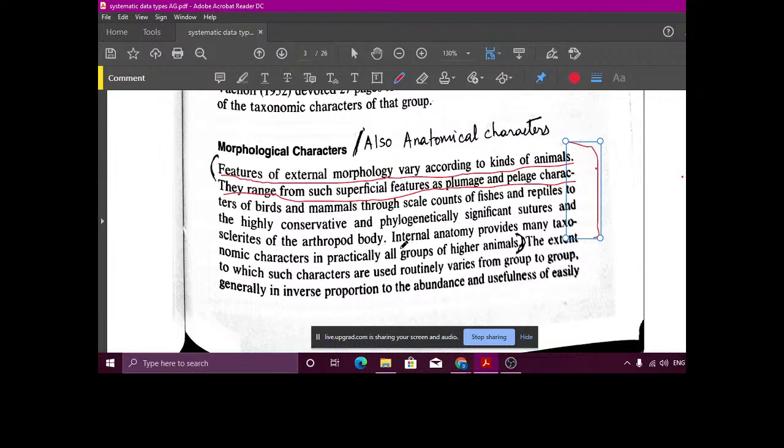In some of them, internal anatomy also may provide many taxonomic characters. I have marked it in black. You can read this part. Only in the last two parts, geographical and ecological, I would recommend you to read the whole thing. Internal anatomy provides many taxonomic characters in practically all higher animals.